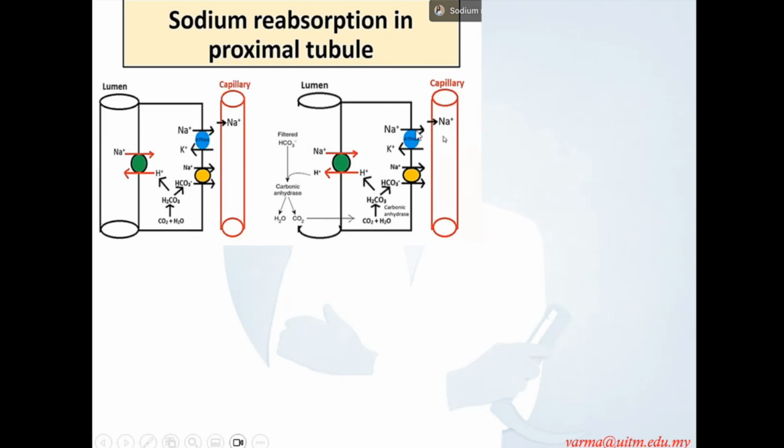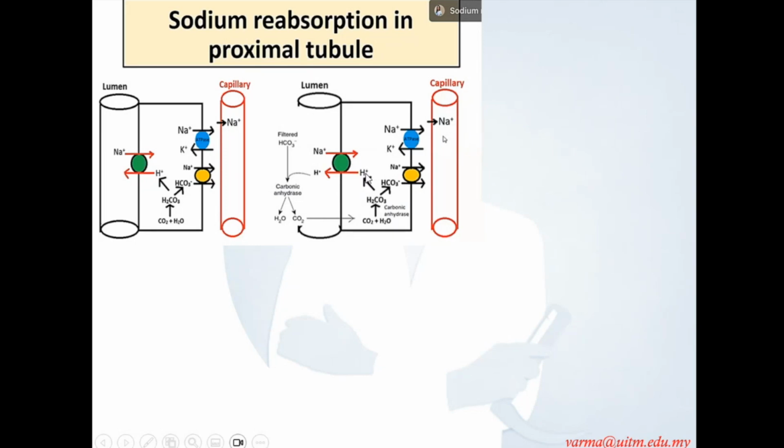So the sodium potassium ATPase pumps sodium across the concentration gradient into the capillary using energy, maintaining the lower concentration in the cells. Sodium from the tubular lumen, which is being filtered, is now reabsorbed down the concentration gradient in exchange for hydrogen ion, which is excreted for acid-base balance via the carbonic anhydrase enzyme.